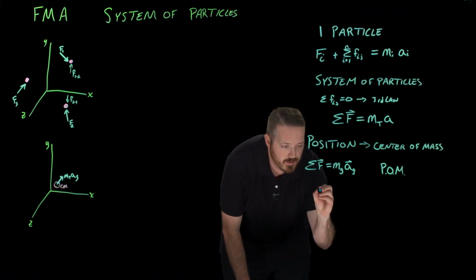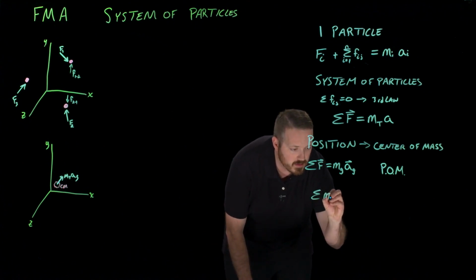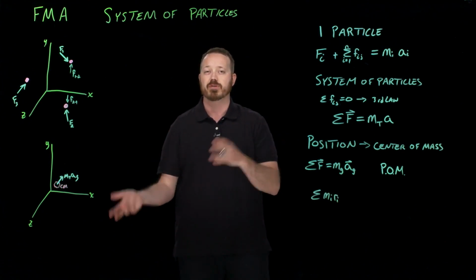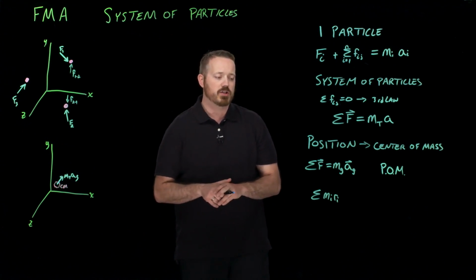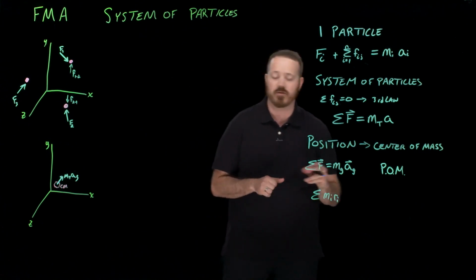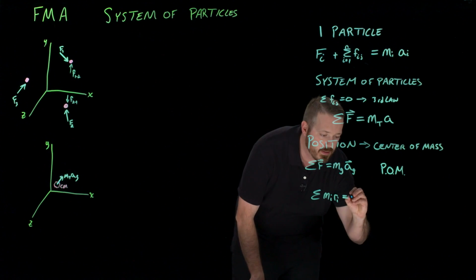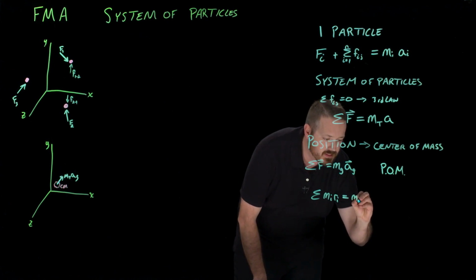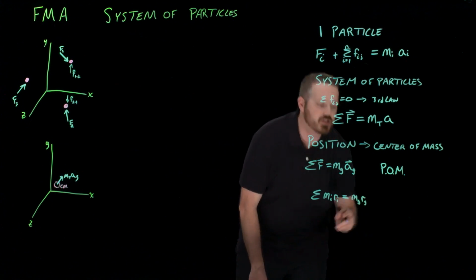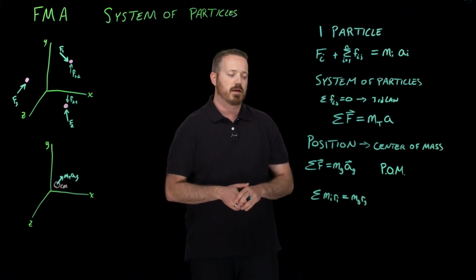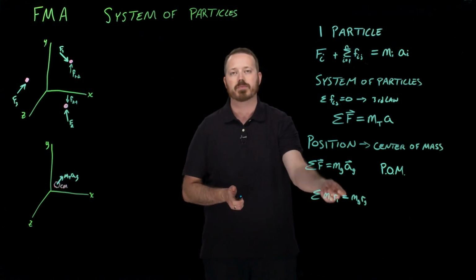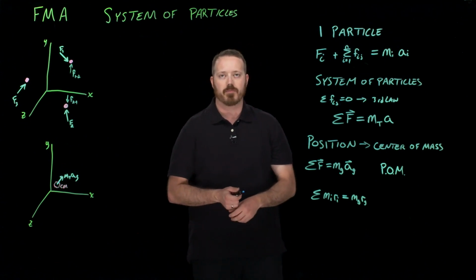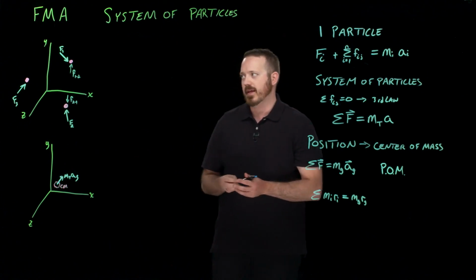So if we take the sum of all of the little bits of mass and their distance away from some point, again, we could do it from the origin, or we could do it from the center of mass, that is equal to the total moments on the system itself. So we could say the total mass of our system and the position of that center of mass with respect to something we care about, such as the origin. So if you measure r here with respect to the origin, this would also be the center of mass distance with respect to that same origin.